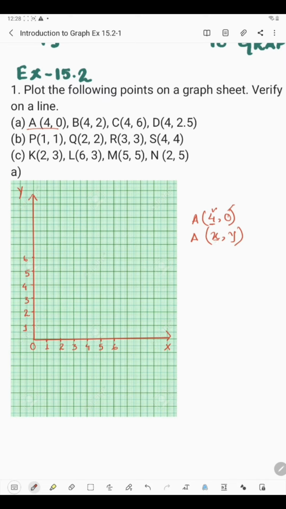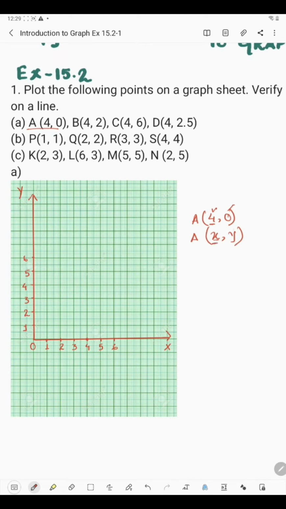Similarly, since the value of y is 0, we will have to put this 0 on the y-axis. Here the value of x is 4, so 1, 2, 3, 4. Here is 4 on the x-axis.